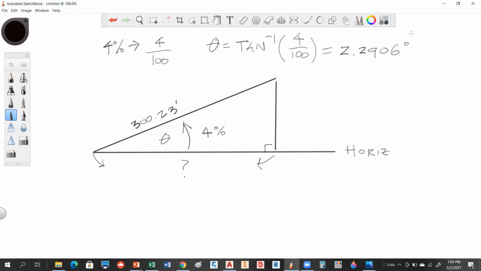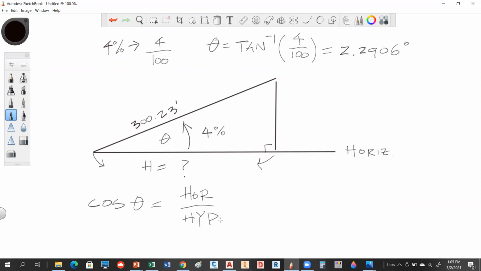okay? So now all it's saying is, look, I've got this horizontal that I want to solve. I want to solve this horizontal distance. So what we have is the cosine of theta is what? Horizontal over hypotenuse, is that correct? Is that right?